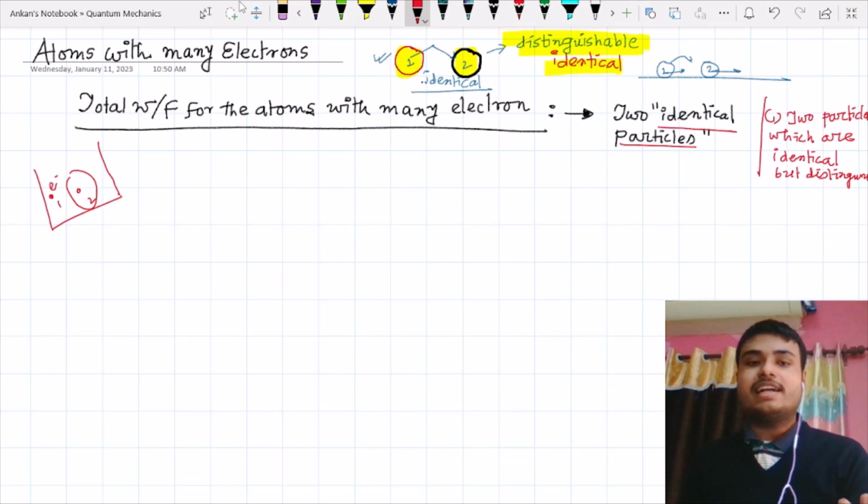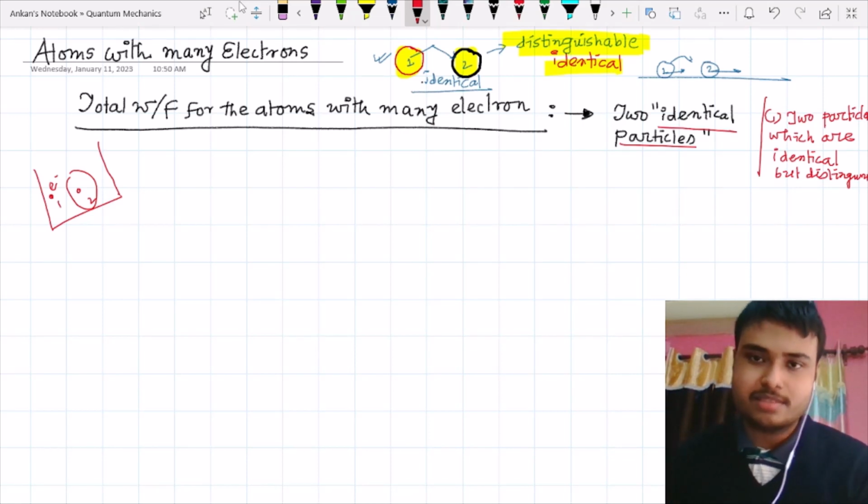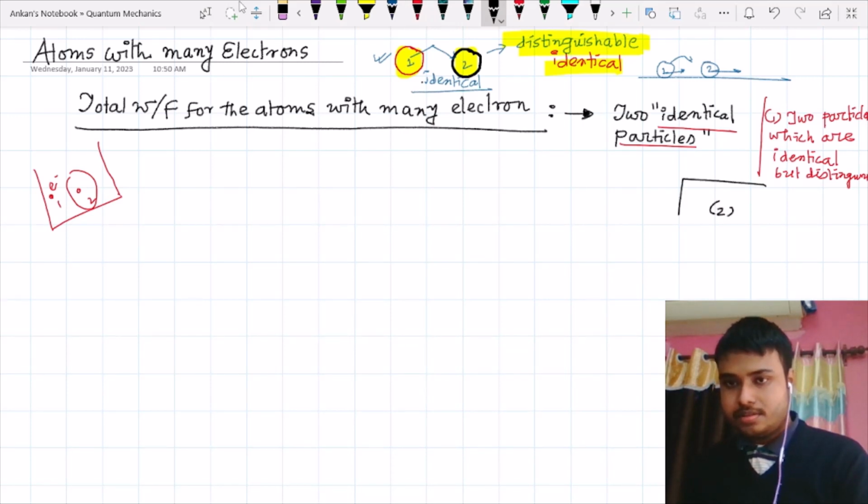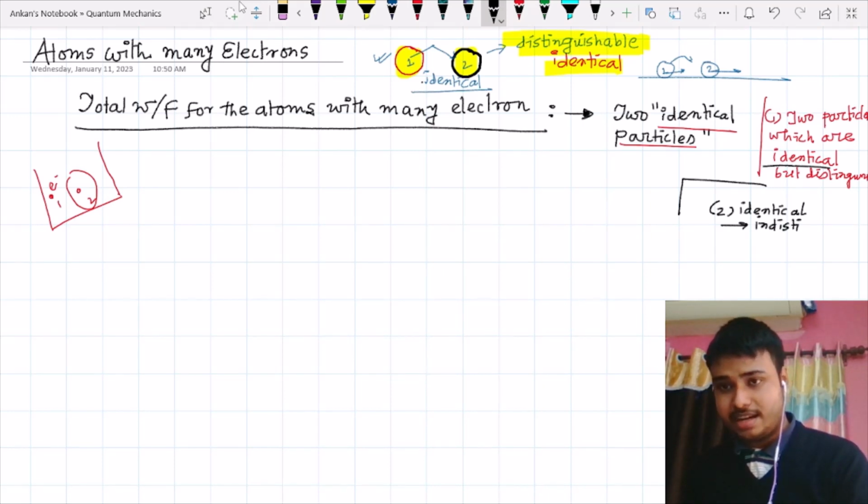So we can say that the electrons, although they are the same, have the same charge, the same structure, the same angular momentum, the same energy, are indistinguishable and identical, obviously, because the quantities are the same. So these particles are identical but indistinguishable, and the previous case was identical but distinguishable.